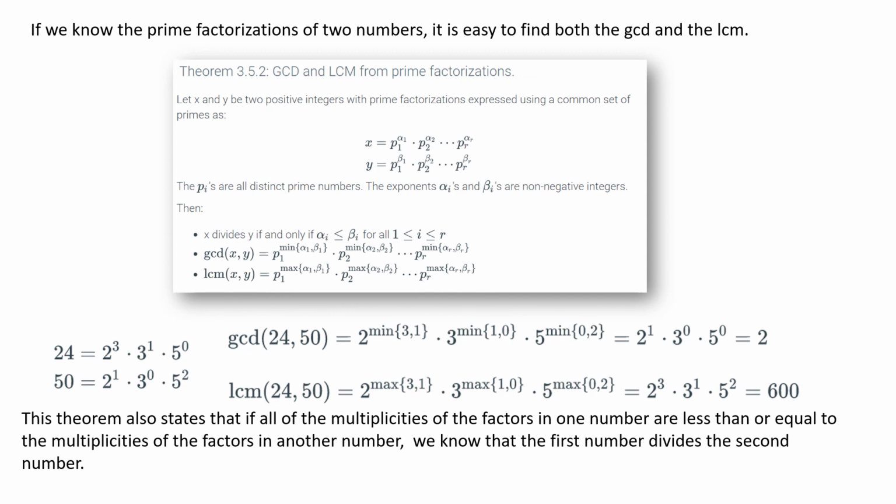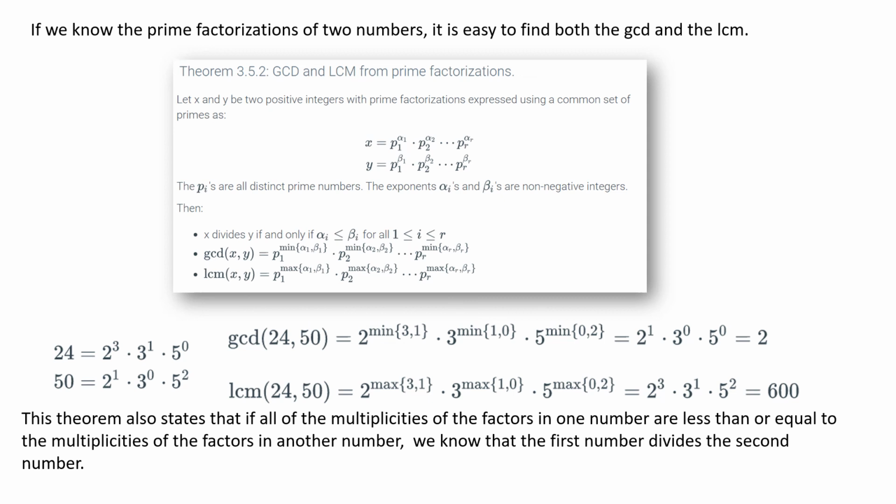Let's say that the alphas are the exponents for the 24 and the betas are the exponents for the 50. Are the alphas always smaller than the betas? No. In some cases they're bigger, in some cases they're smaller. So we would not be able to say that 24 divides 50.